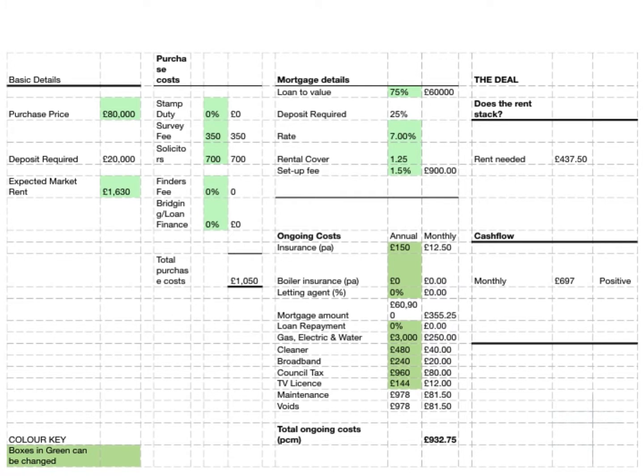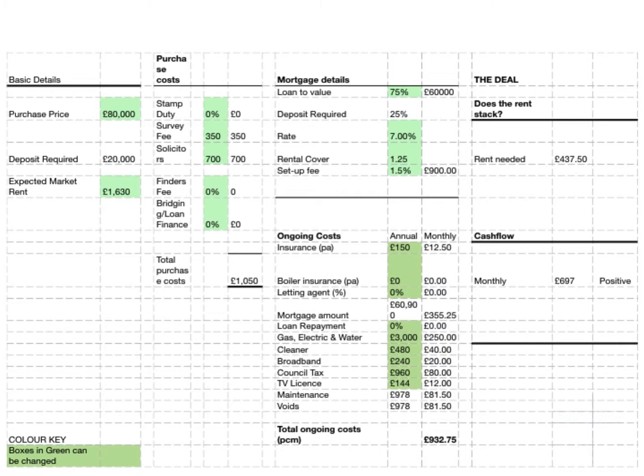But this is the sort of figure that you might be able to achieve if you did a room share property where you're renting out individual rooms rather than renting out the whole house. They can take a little bit more work, but equally that's got better income as a result of that. So if you've got 5 rooms to rent, then it's no different to having 5 houses to rent. You're going to have a little bit more work than if you had 1 house.